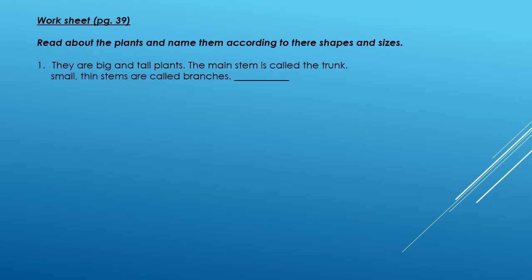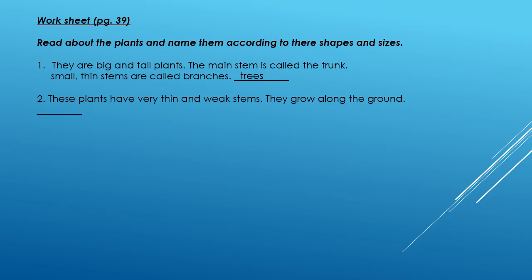Small, thin stems are called branches. These are trees. Second, these plants have very thin and weak stems. They grow along the ground. They are creepers.